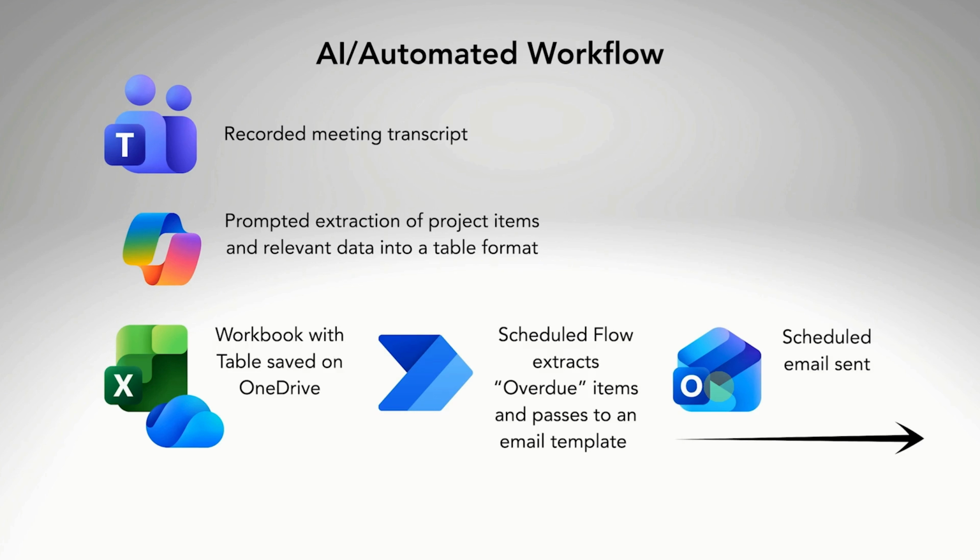And then, as it was a scheduled flow, that email produced from all of that work was sent on a scheduled basis daily at 8 a.m. So that if someone had completed work previously the night before, the project manager would then see it first thing in the morning to know the status of the project.